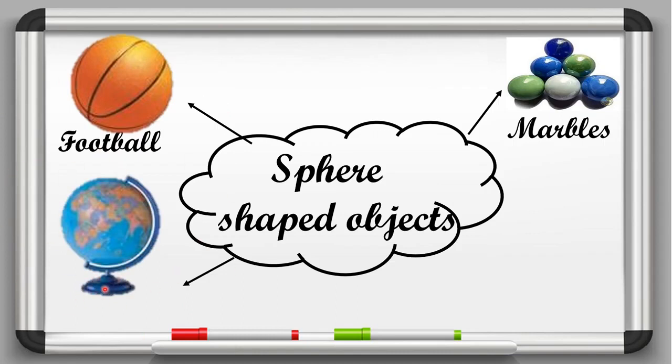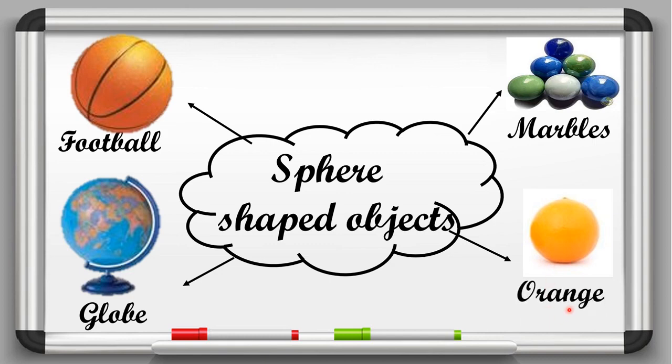This is a globe. G-L-O-B-E. Globe. The next one is, yes, this is an orange. O-R-A-N-G-E. Orange. Okay, beta.